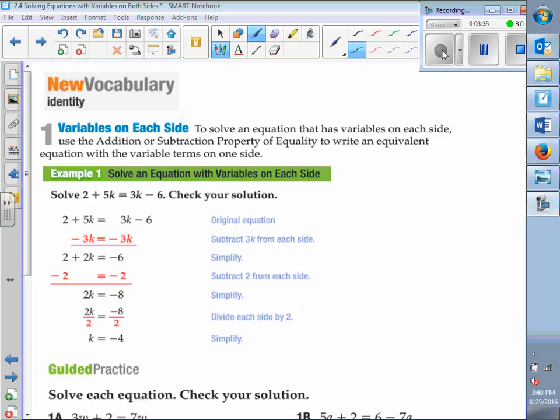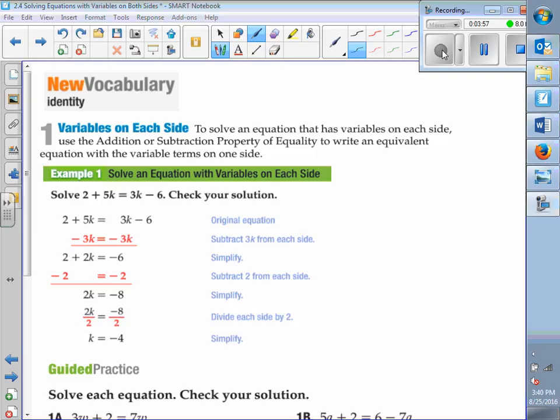Okay? So here we have an example. 2 plus 5k is equal to 3k minus 6. You always want to start with writing your original equation. Then we'll subtract 3k on both sides.